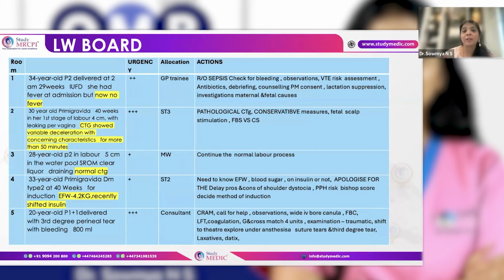If it was pathological, always discuss conservative measures, scalp stimulation, FBS, and if FBS is not done, FBS versus cesarean section. Room number 3, nothing to be done, continue the normal process. I wanted to add that temperature should be maintained, but you can avoid that if you do not have time. Room number 4, very, very important: shoulder dystocia, blood sugar maintenance. Rest of the things, you will be able to talk about.